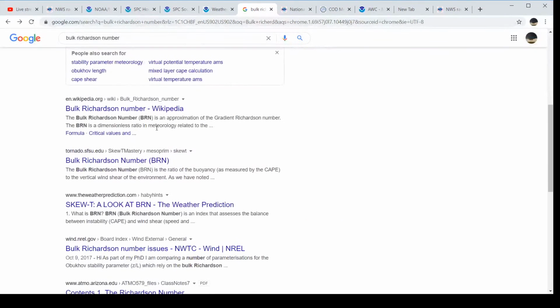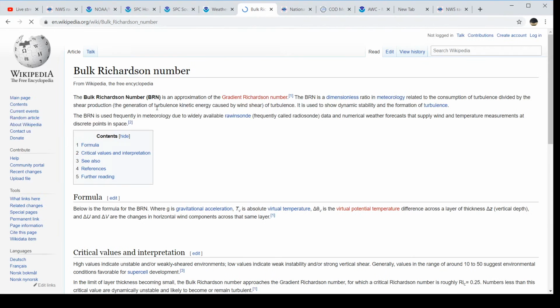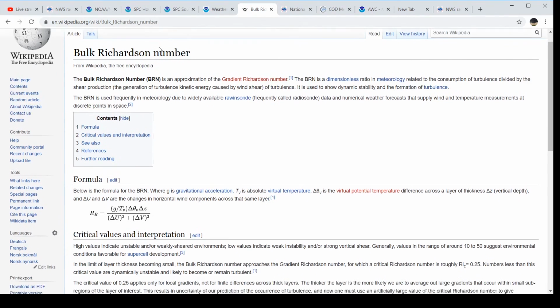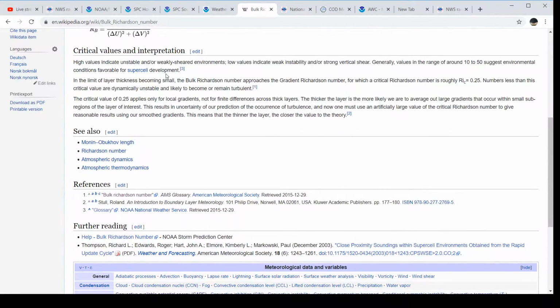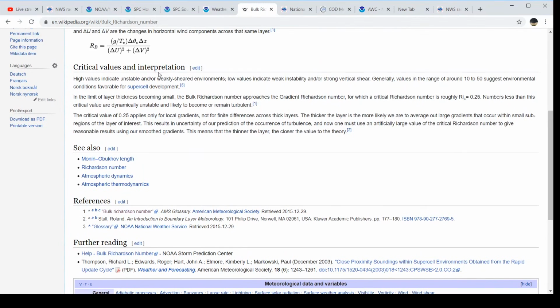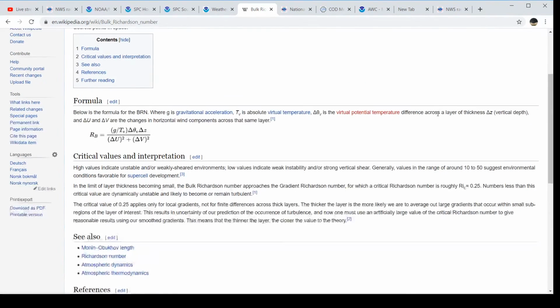I don't know. Values in the range of 10 to 50 suggest an environment favorable for supercell development. And again, this is Wikipedia, so.